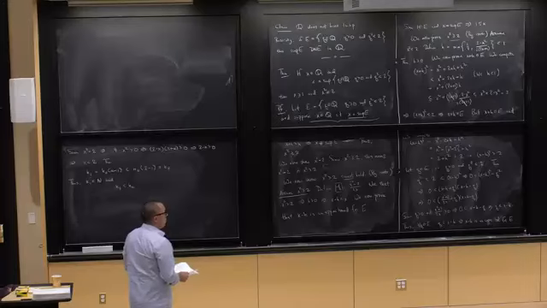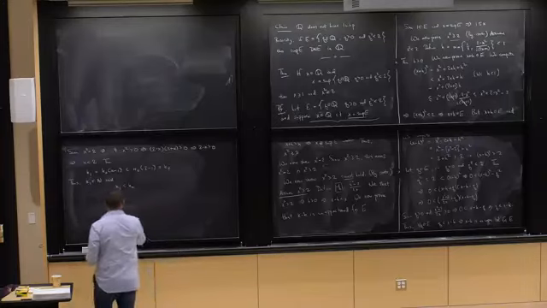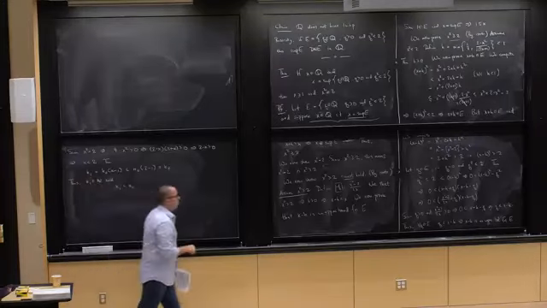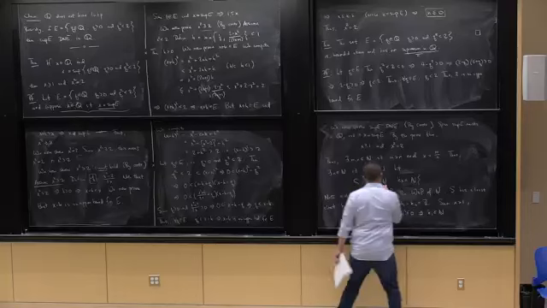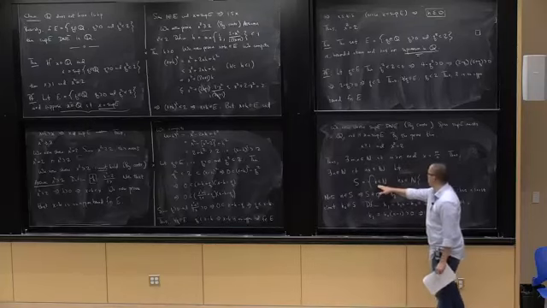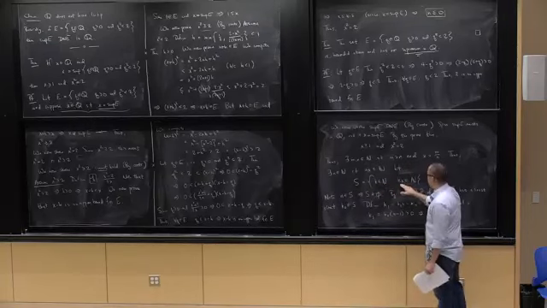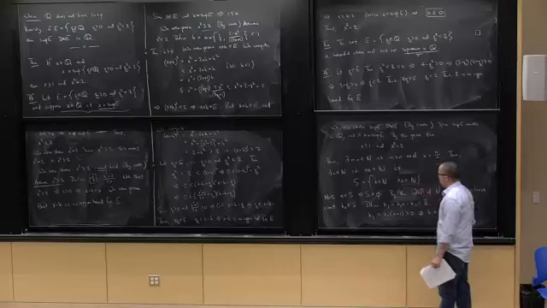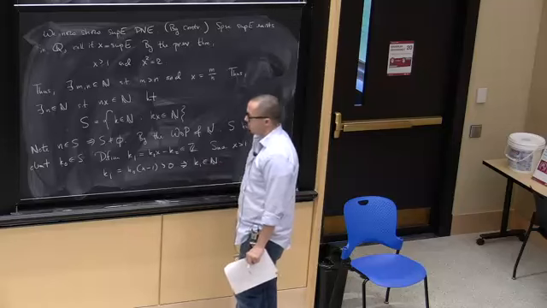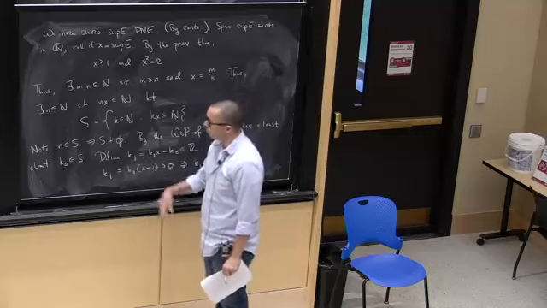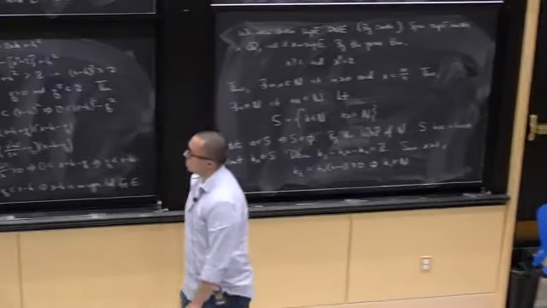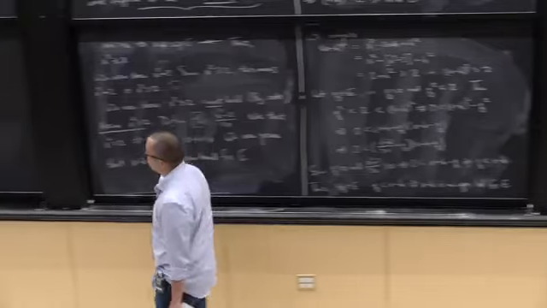Now, let's remember what K0 was supposed to be. K0 is supposed to be the smallest element of this set S. It's the smallest natural number so that when I multiply it by x, I get another natural number. And from this K0, I constructed a new natural number called K1, which is less than K0.